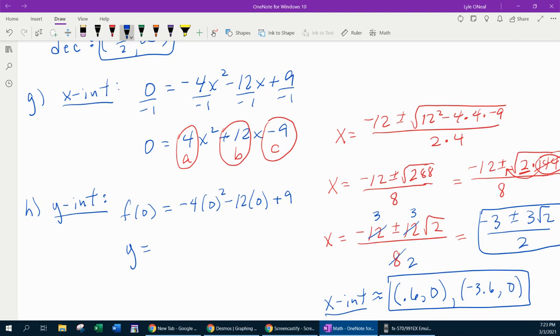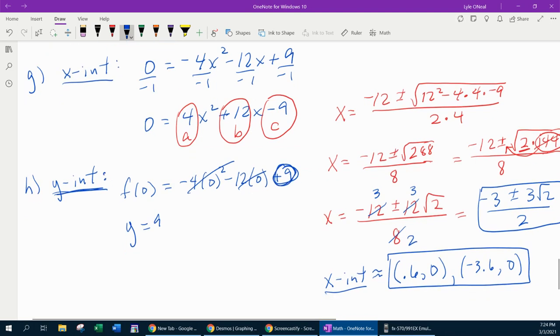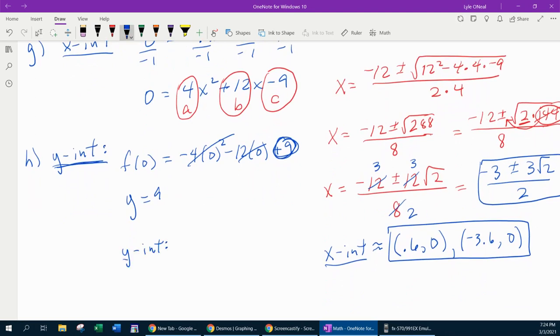Now, the nice thing about finding the y-intercept, if you're in standard form, is it's always going to be just the constant. Super easy. I hope did you hear that? If you're in standard form and you want the y-intercept, it's always going to be the constant. So as an ordered pair, the y-intercept is going to be 0, 9.